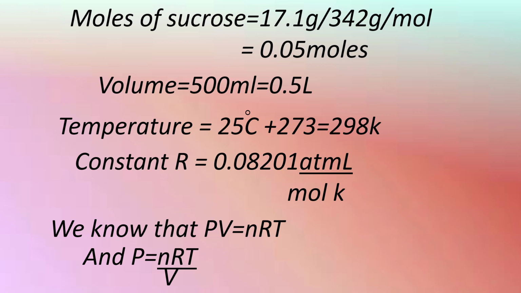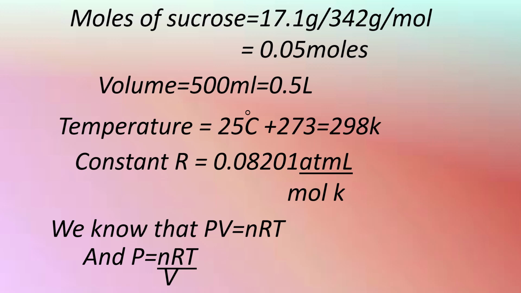Volume is given as 500 ml, which is equal to 0.5 liter, because 1000 ml is 1 liter and 500 ml is 0.5 liter. Temperature is 25 degrees centigrade. We have to convert it into Kelvin. 25 degrees centigrade plus 273 is equal to 298 Kelvin.